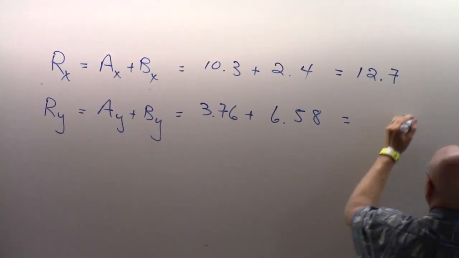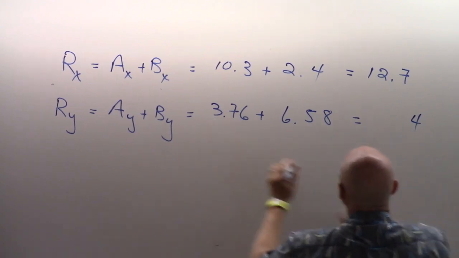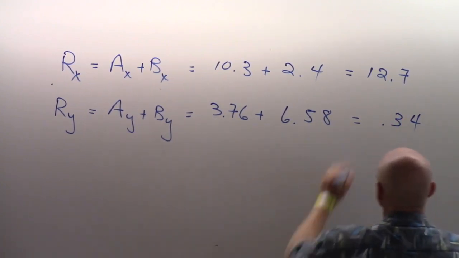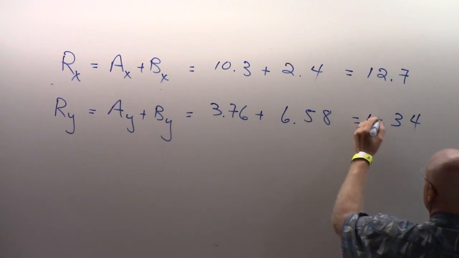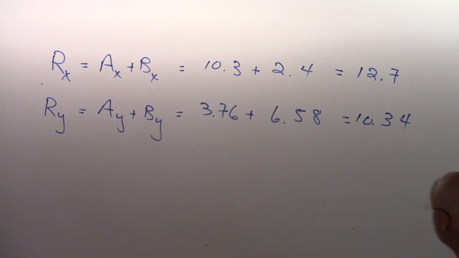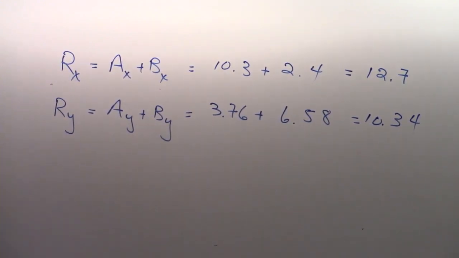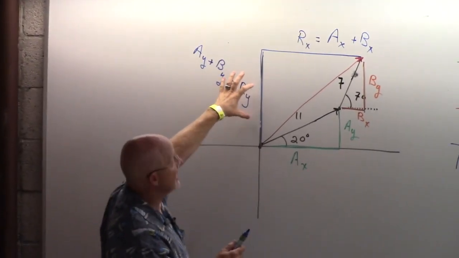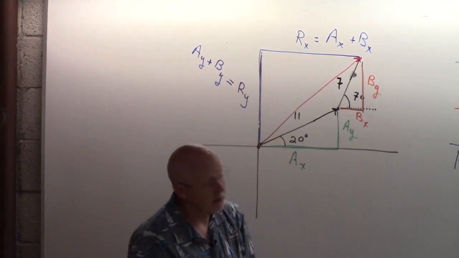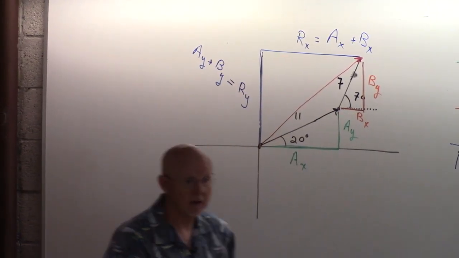If I add those, 14 carry 1, 12 carry 1, 9, 10. So I can come over here and say, what I've learned so far is that this vertical part of the resultant is 10.34, and the horizontal is 12.7.